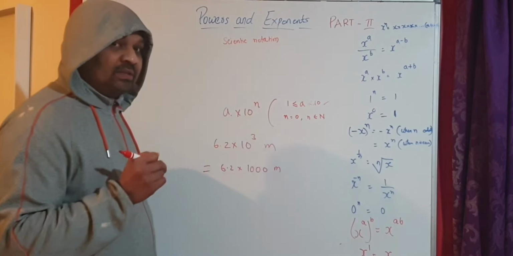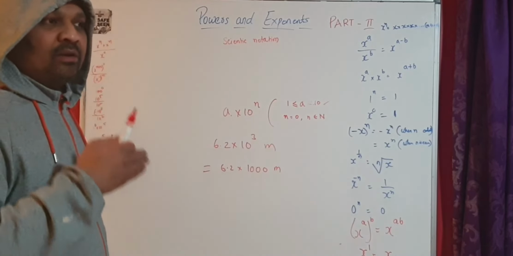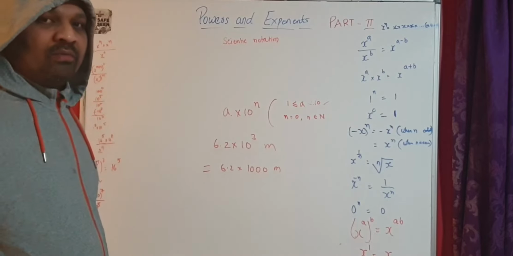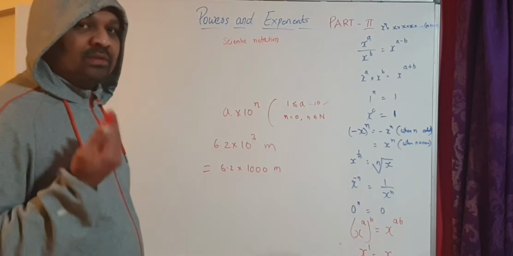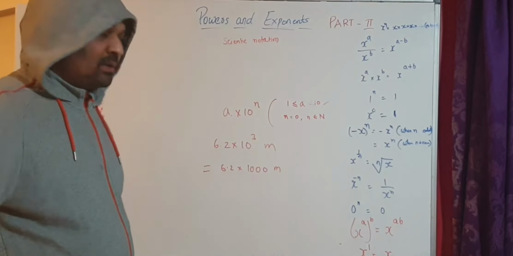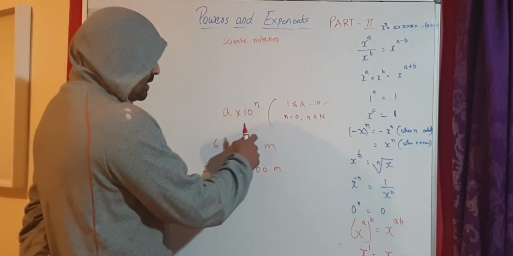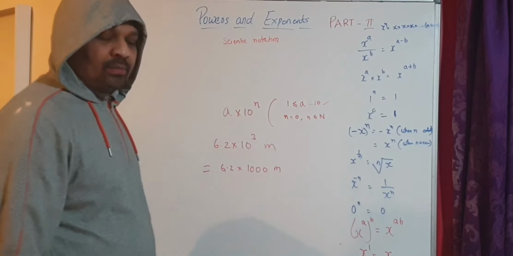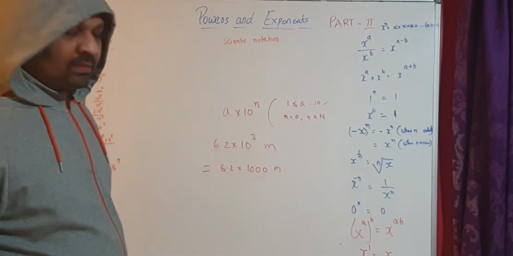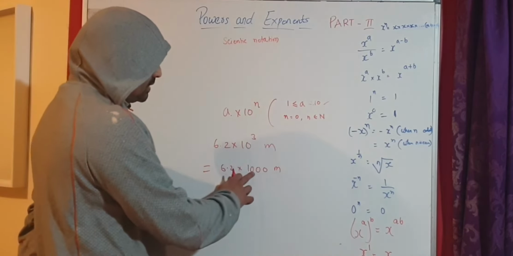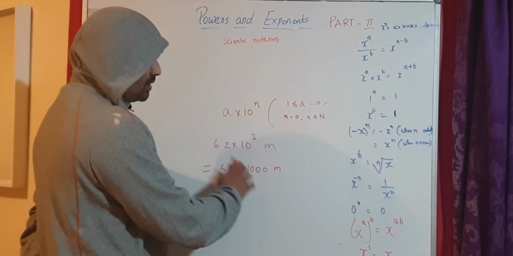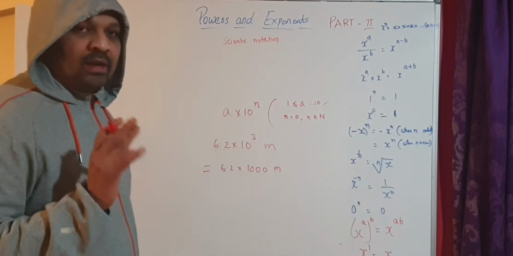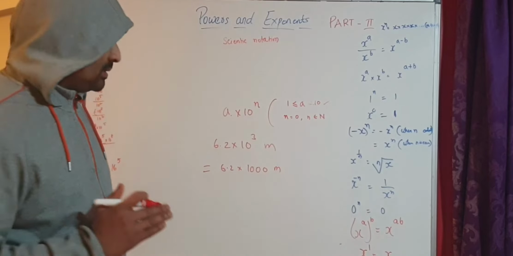It's not a 10 after 3 zeros. If a number is 10 to the power of 5, after 1 you have to put 5 zeros. If the number is 10 to the power of 6, after 1 you put 6 zeros. So here we have a 10 cube. If you convert that to a normal number without any powers, you need to put 3 zeros after 1. That's called 1000. 10 into 10 into 10. 10 times 10 is 100, 100 times 10 is 1000.